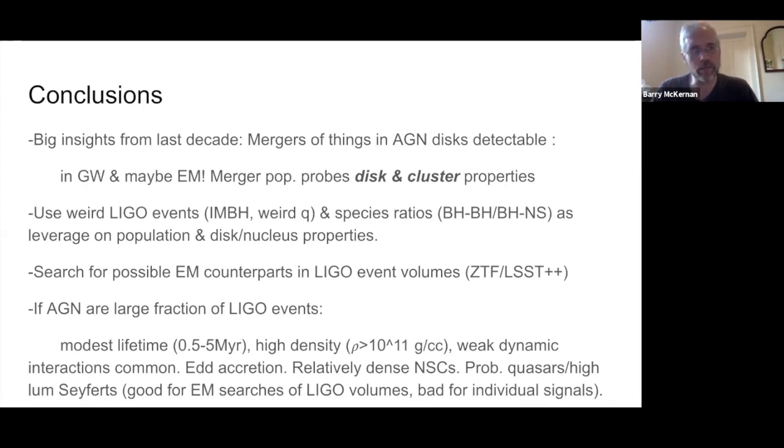I think a lot of work needs to be done on particularly high accretion rate black holes. In order to make this thing work, you need your merger to have happened in the dense disk midplane.